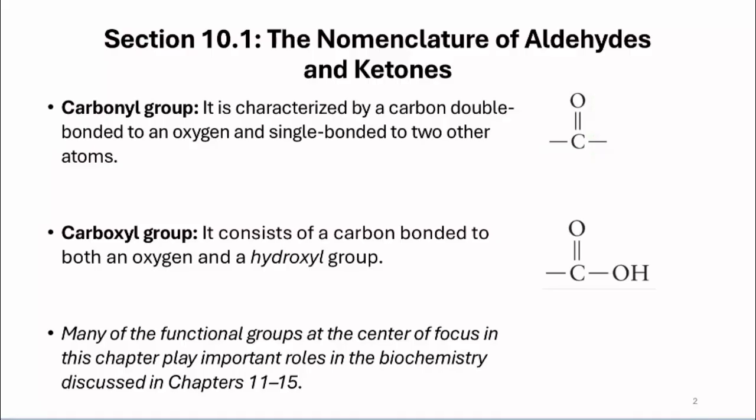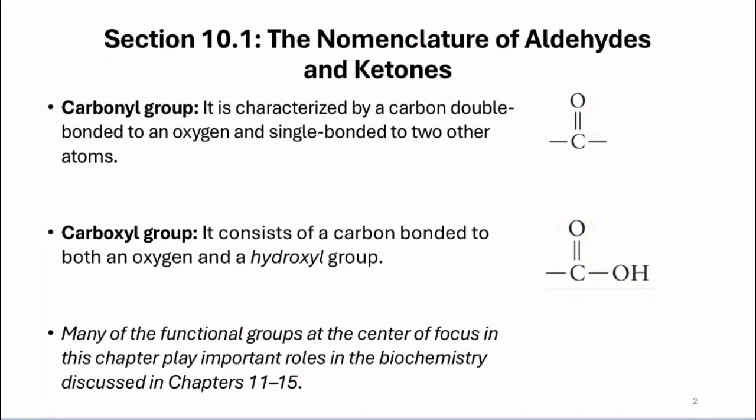In a carboxyl group, we have a carbonyl functionality connected on one side by a single bond to oxygen. And if that oxygen is connected to hydrogen, that is known as a hydroxyl group.